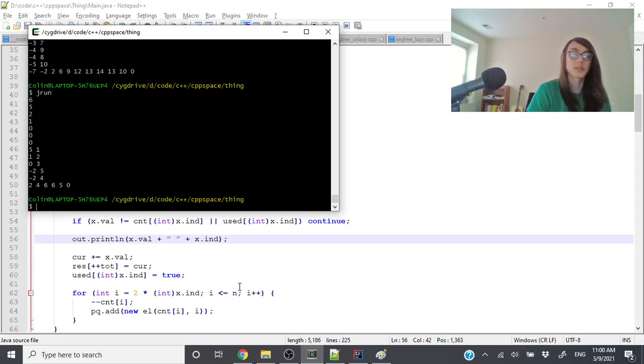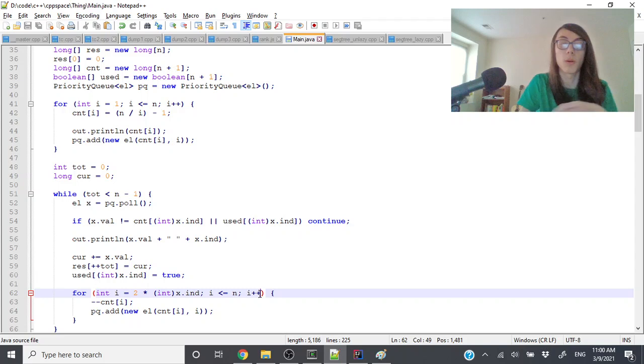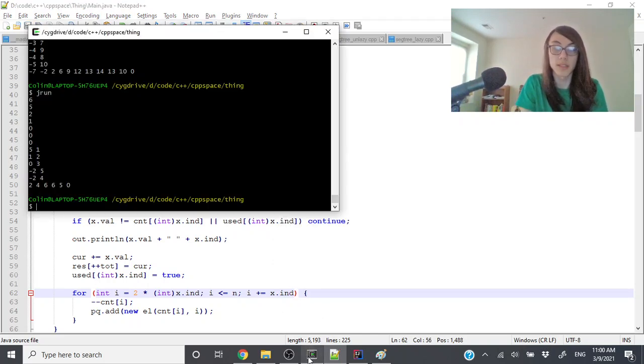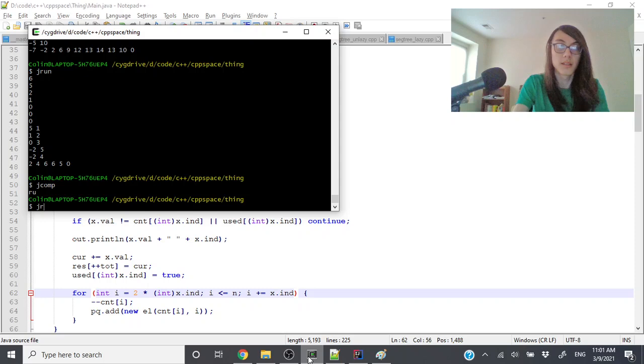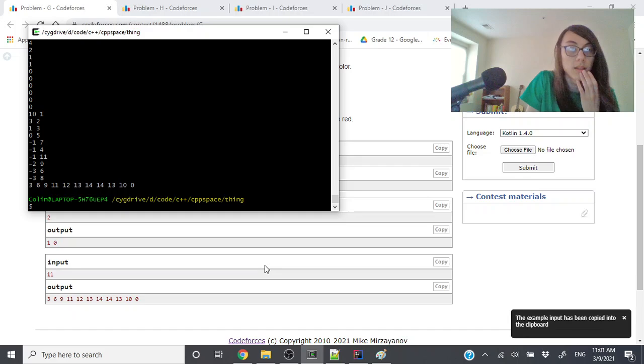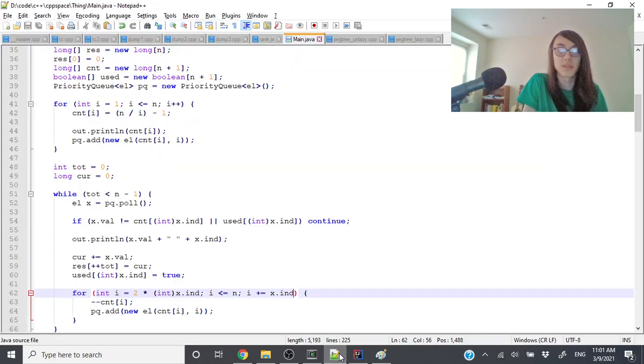So something's messed up. Why does 5 have -2? Oh. Okay. That is the mistake. It should only be multiples. 3, 6, 9. Yeah, okay. Cool. Alright, that would be an issue.